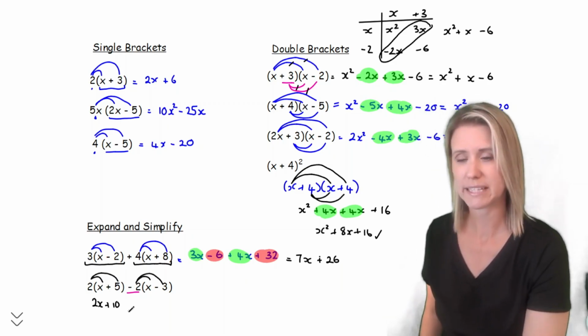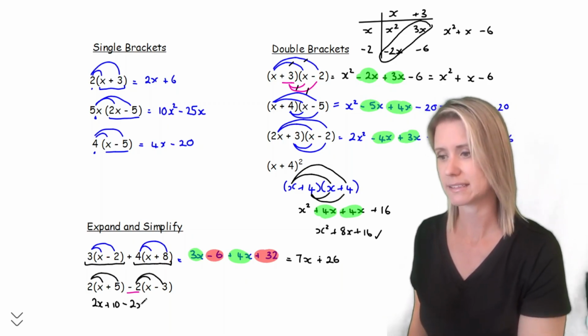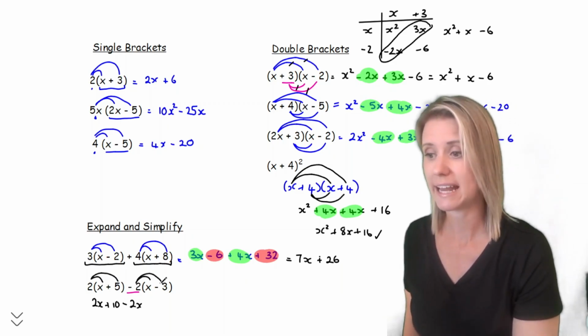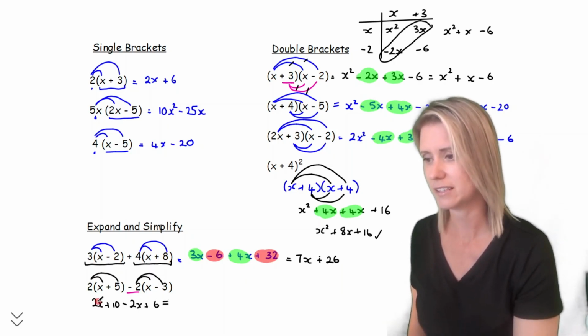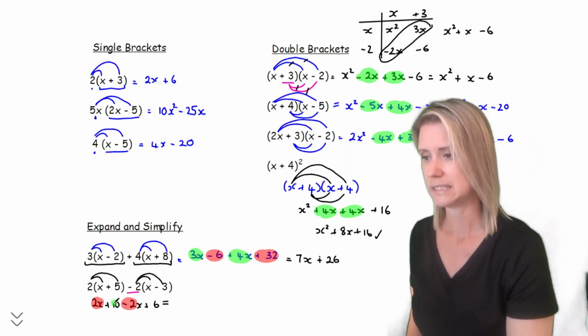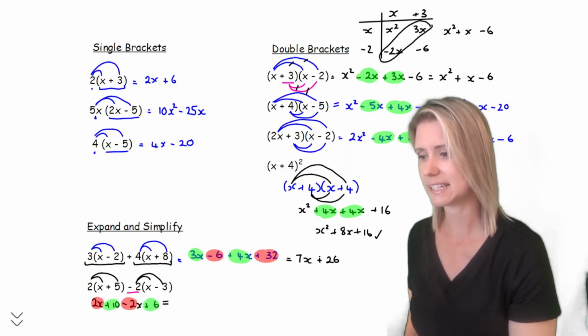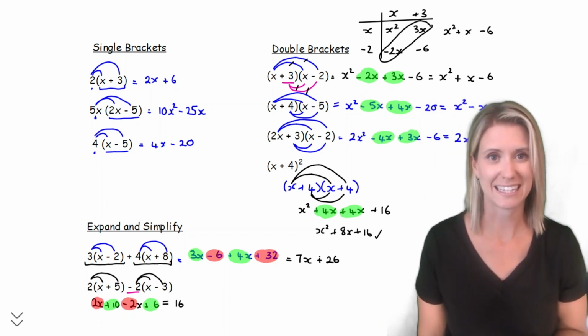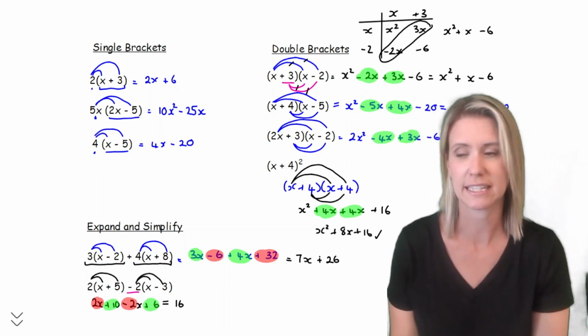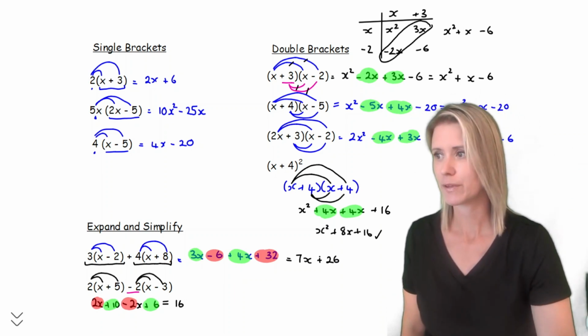Negative 2 times x is minus 2x. Negative 2 times negative 3 is positive 6. So combining those together, 2x subtract 2x, they've gone. 10 add 6 is 16. Final answer would be 16 there. Just remember the two negatives that form that positive.